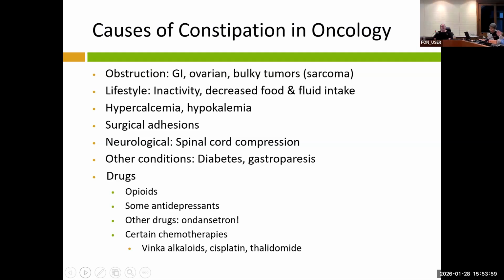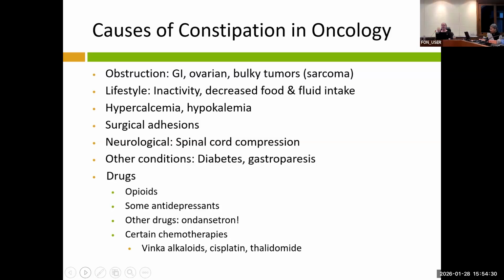In oncology, one of the reasons we have so much constipation is that we often have obstruction with some of the tumors, especially if there's a GI, ovarian, or bulky tumor. Lifestyle is affected when you have cancer. You're more likely to be inactive and to decrease food and fluid intake.